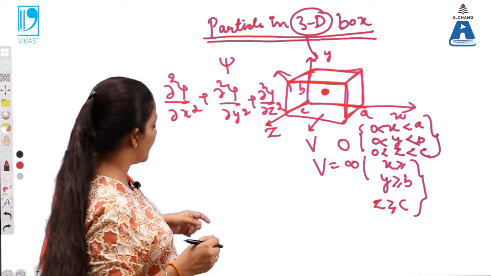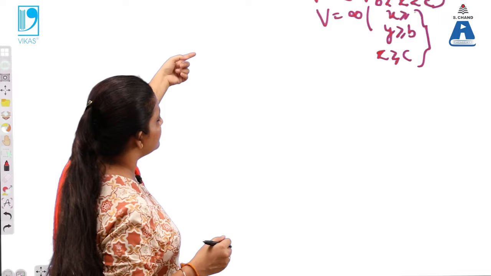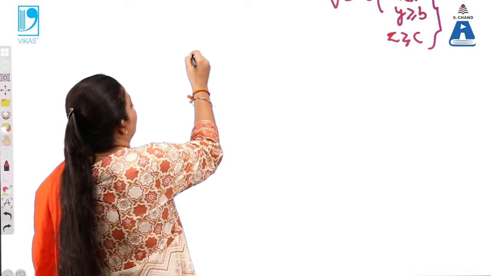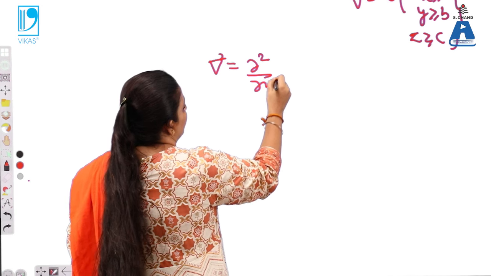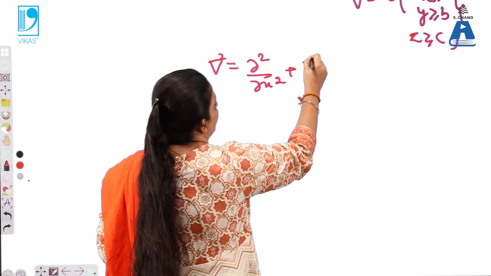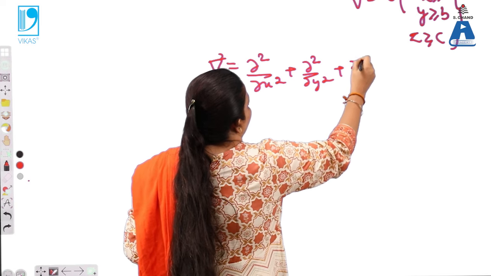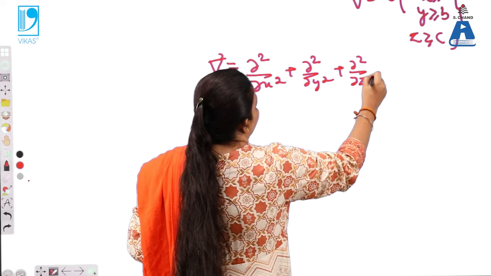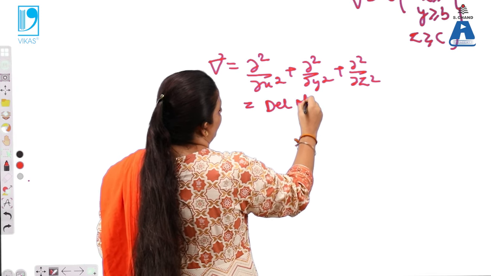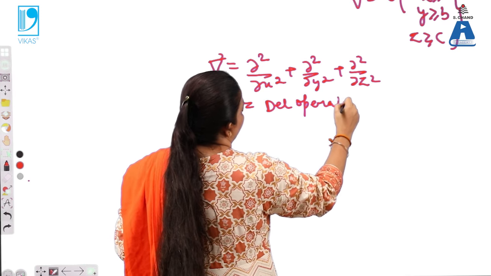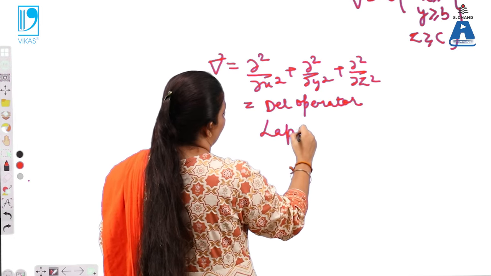It can be written like this: the del operator is equal to this, and it is also called the Laplacian operator.